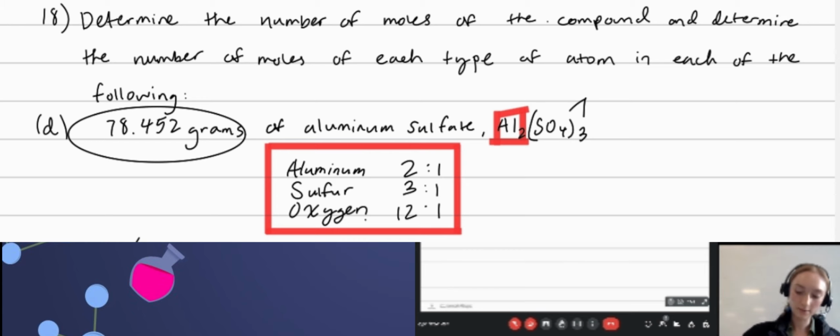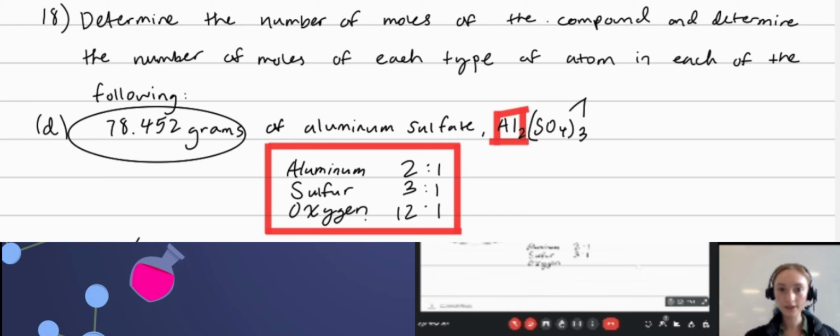So we have 3 times the number of sulfur. So that's going to be a 3-to-1 ratio. And in sulfate we have 4 oxygen, but we have 3 of the sulfate. So we multiply 3 and 4 together, and then we have 12 oxygen in this total compound. So that is a 12-to-1 ratio.